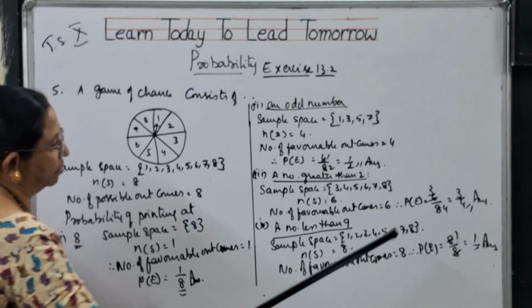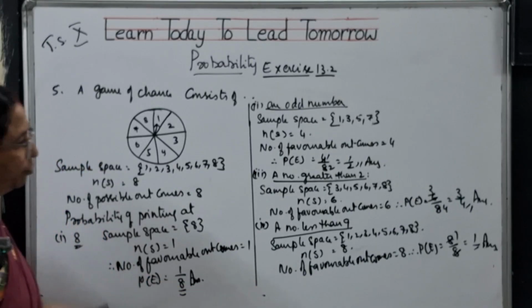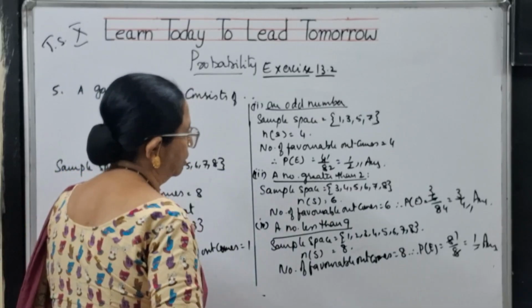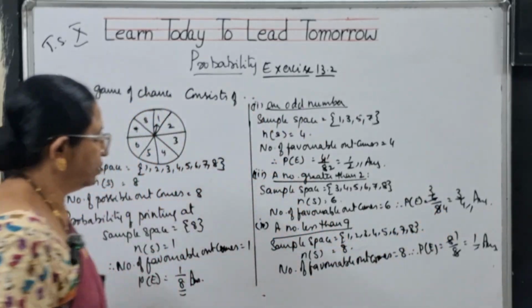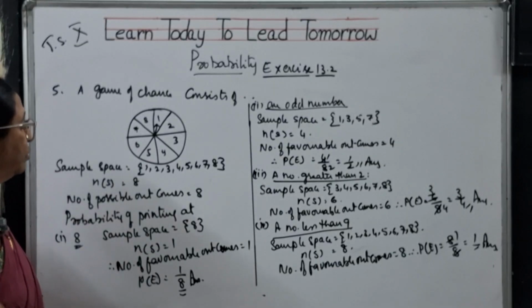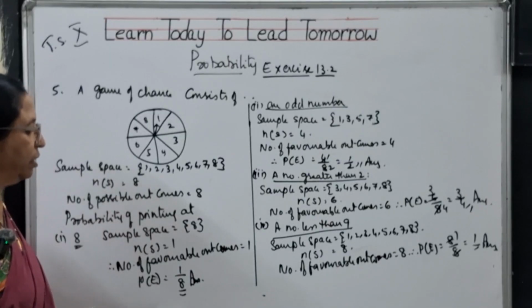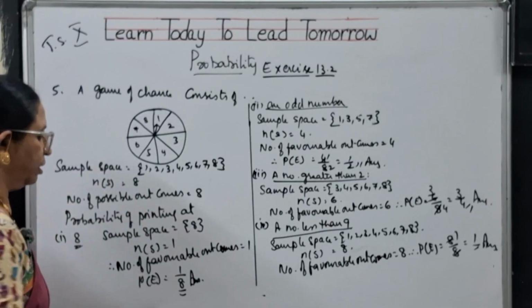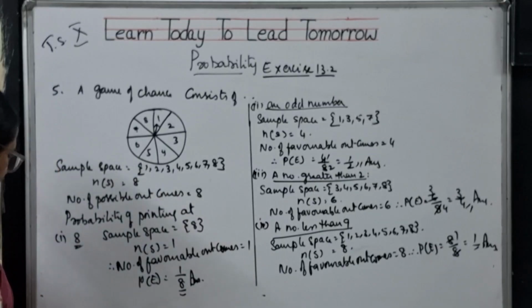So P of E is 6 by 8, that is 3 by 4. 2 3s are 6, 2 4s are 8. I have cancelled, children. Okay, next. Number less than 9. All these numbers are less than 9, children. 1 to 8. So n of S is 8. Favorable outcomes are 8. P of E is 8 by 8. That is 1. Please note it down.